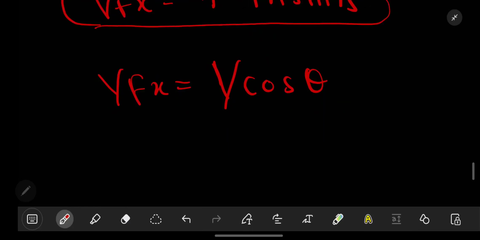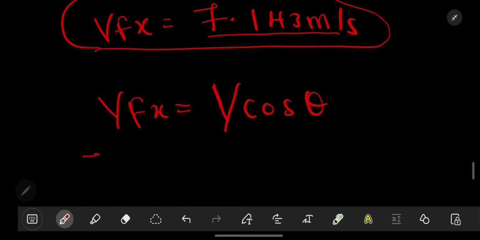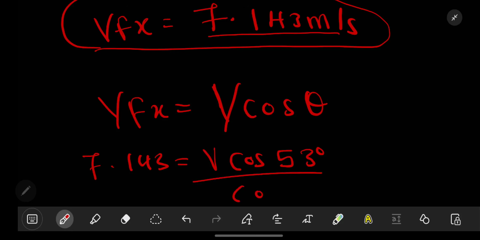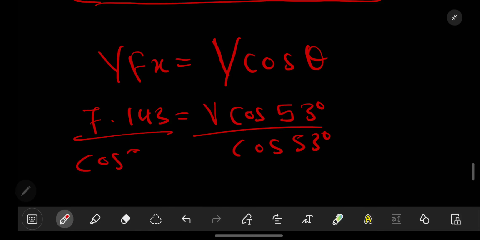So we are going to say Vx, we know that Vx is this, so 7.143 should be equal to our velocity, which we don't know, times the cos of the angle, 53 degrees. That is the angle it began to move with after impact. So we divide by the cos of 53 degrees.